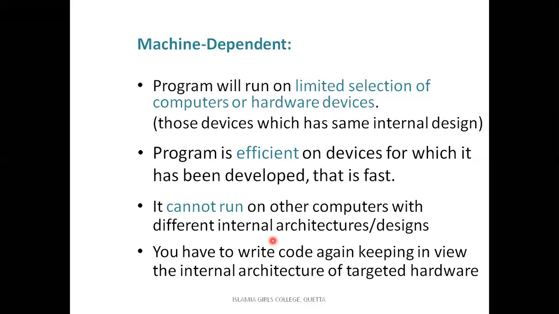So machine dependent means that the programming depends upon the underlying hardware, and you have to keep in view the computer hardware and then write the code. If the internal architecture is different, then you will have to write the code again for such a device.